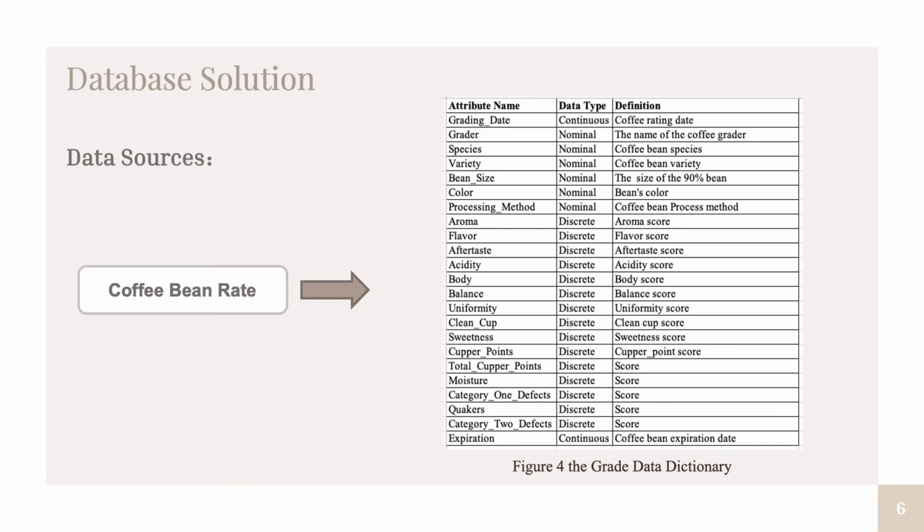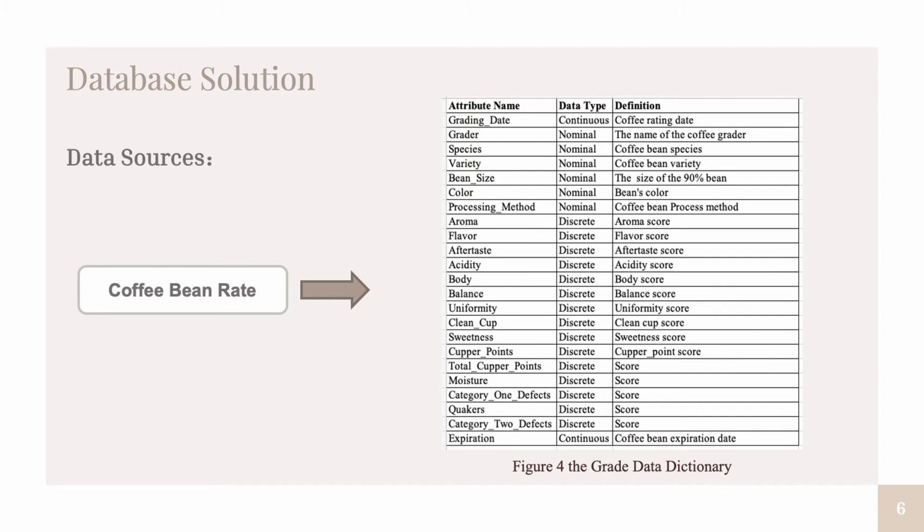The second data source is the coffee bean rating from the professional organization. The International Coffee Organization defined the rating process and the scoring criteria, and the file was updated in August 2018. The grade dataset in this project is designed by the National Quality Standards.